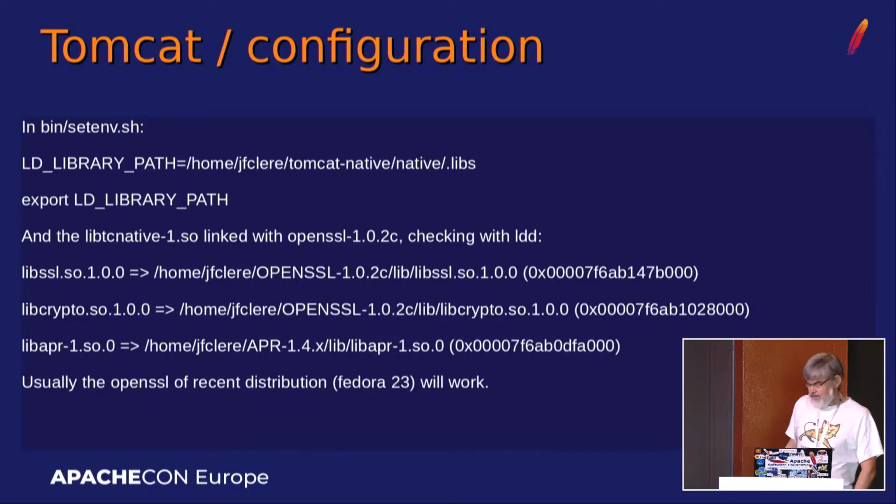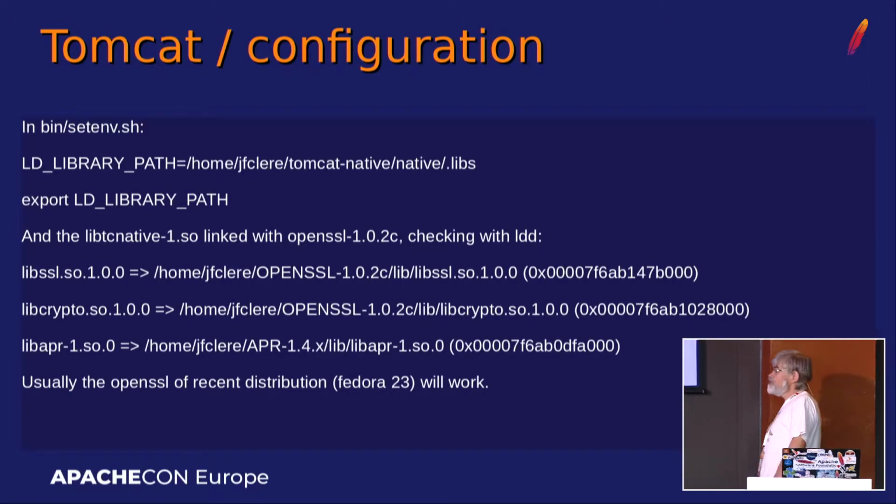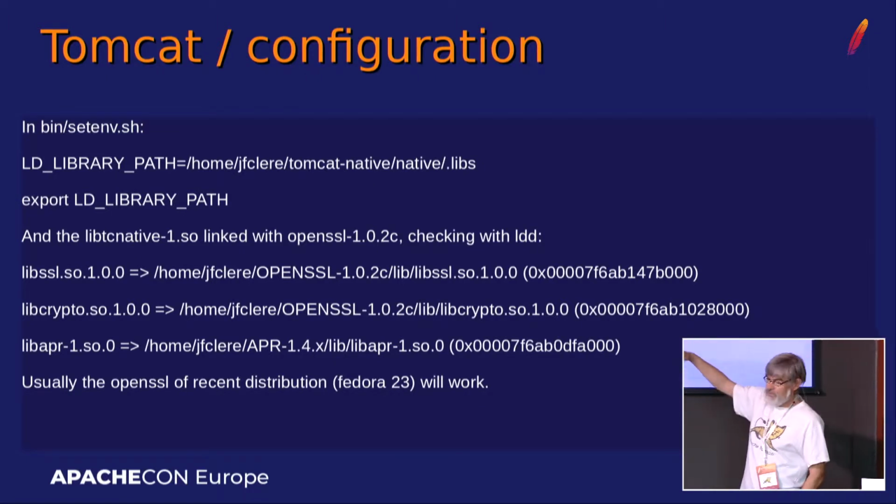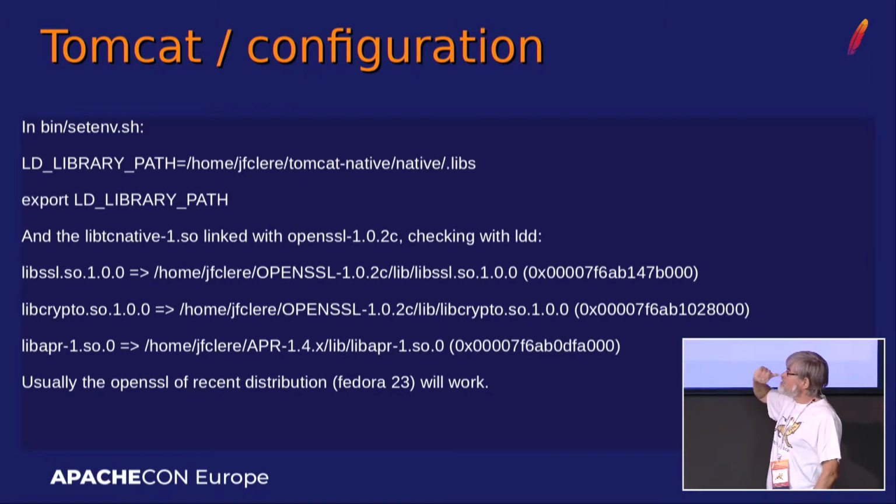So, in case you want to use the APR, which is the first example I have, you have to configure it. Either you have your Tomcat native library in the Java path, or you need to export it via LD path.